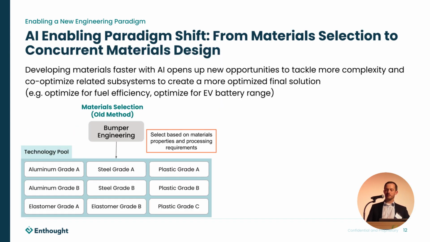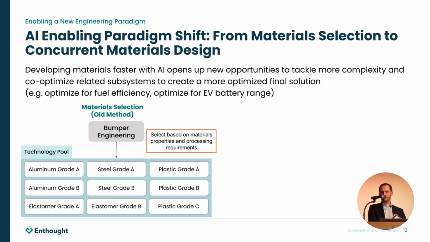And because it's historically slow, the tier 2 part designers that use the materials treat this largely as a materials selection problem. And so on the time scale that they care about, the materials available to them are largely fixed. And so they're simply selecting from a variety of material types as well as grades which one would be best for their particular part or assembly that they're working on.